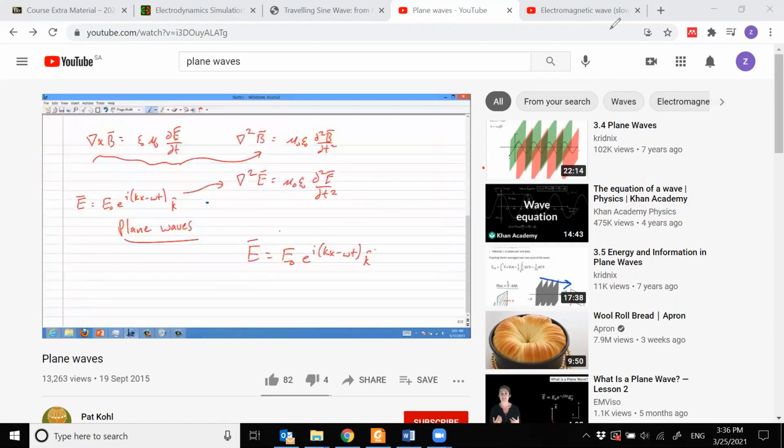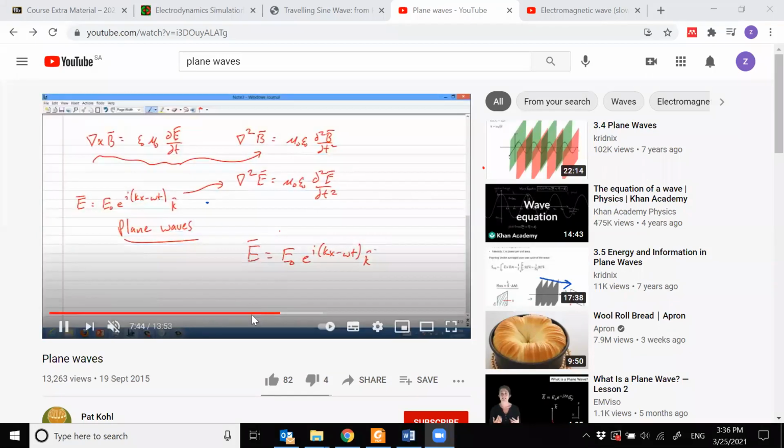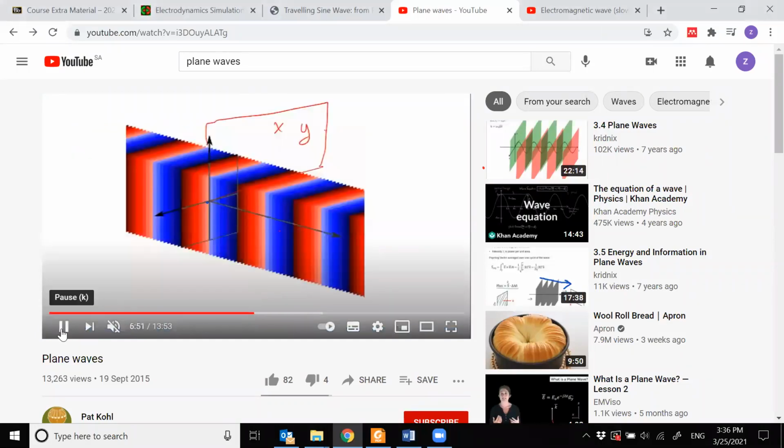So again, I am repeating. Here we can assume this is my negative cycle and this is my positive cycle. Let me assume this as my peak maximum. So this is the minima and this is the zero and this is the zero.